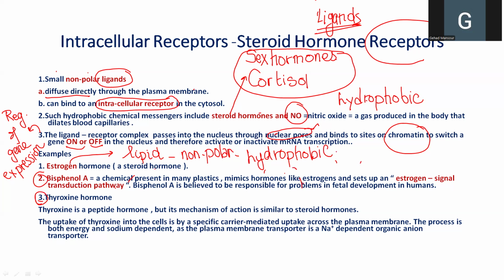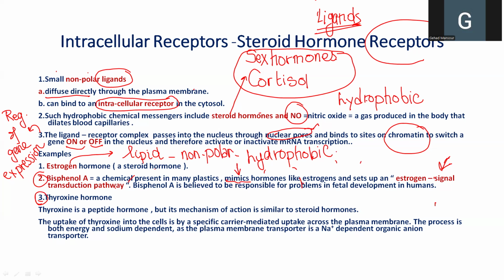The seriousness of having bisphenol A inside the human body is that it mimics chemically, of course, the estrogen hormones, and therefore it can bind with the estrogen receptors and set up an estrogen signal transduction pathway, meaning that it can act exactly like estrogen, bind with the receptor, pass through the nuclear pore, bind with a certain receptor on chromatin, turn on or turn off a certain gene.